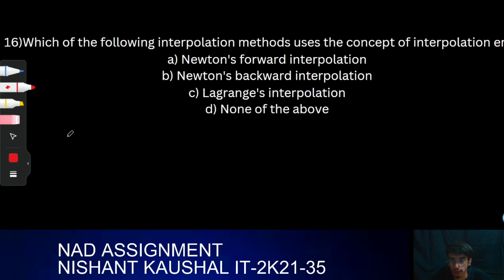Question number 16. Which of the following interpolation methods uses the concept of interpolation error? Newton forward, Newton backward, Lagrange's, and none of the above. So it should be C, Lagrange's interpolation. Because what do you mean by interpolation error?